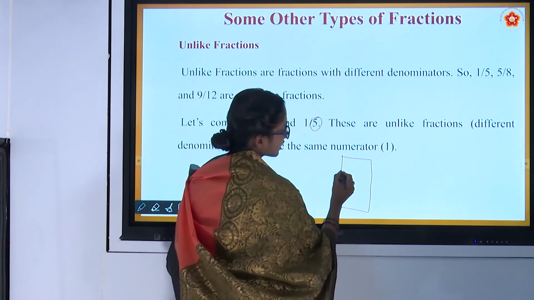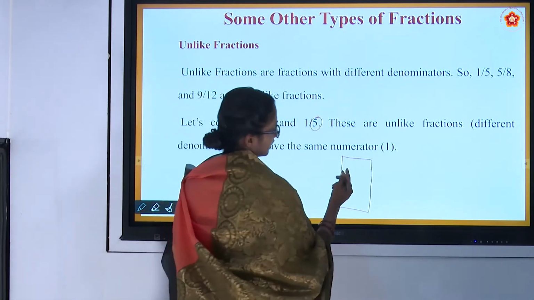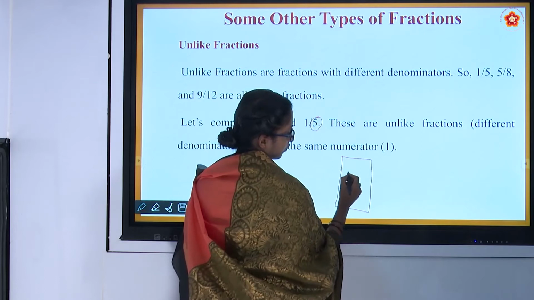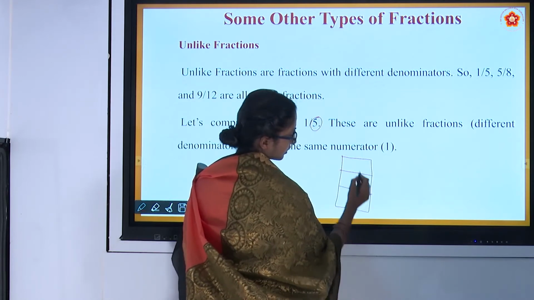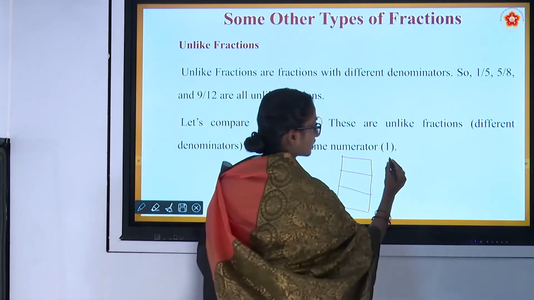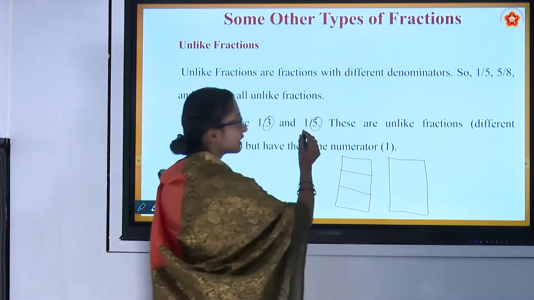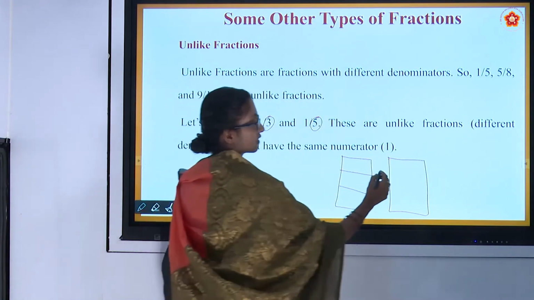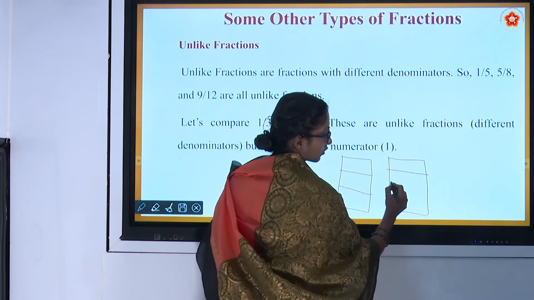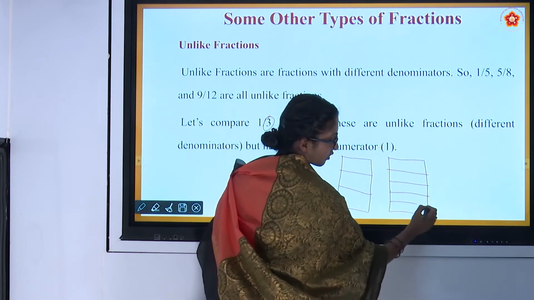You may consider your compass box or table. 1, 2, 3: 3 equal parts. One more rectangle we'll take and divide it into 5 parts: 1, 2, 3, 4, 5.